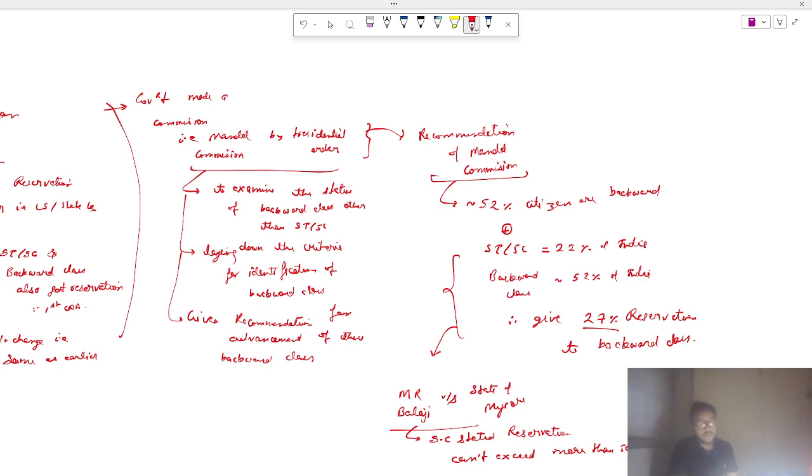So you have already given 22% reservation to the SC and ST community. If you follow this decision, then only 27% of seats are left. So you should give only 27% reservation to the backward class of citizens. I think this will be clear.